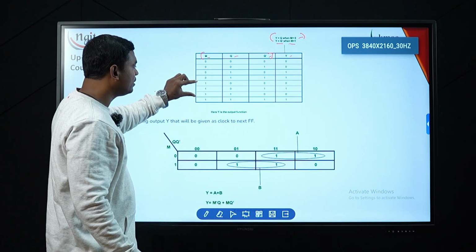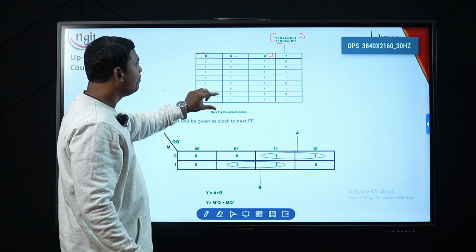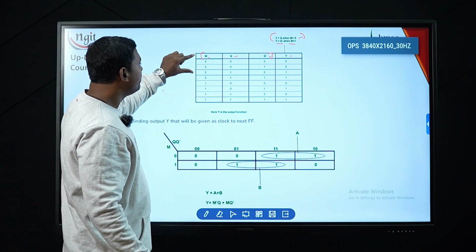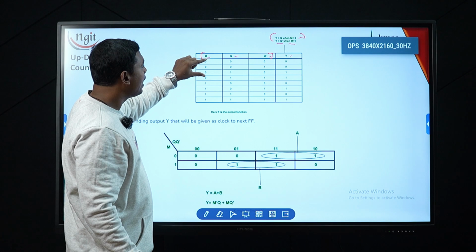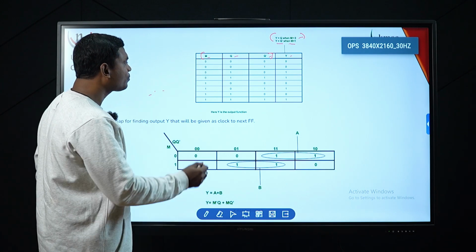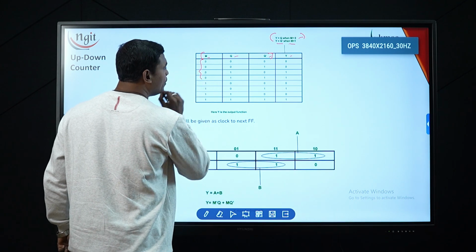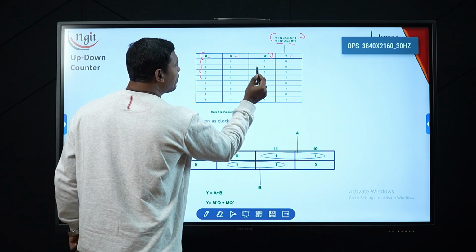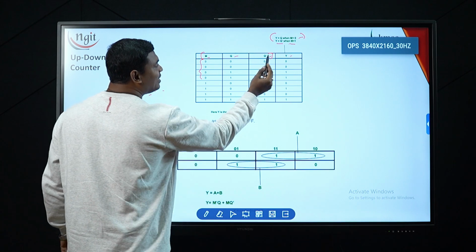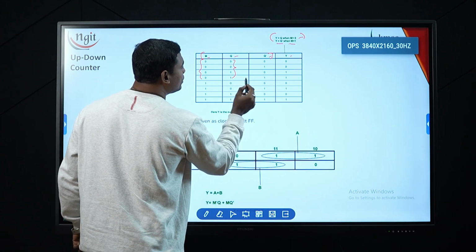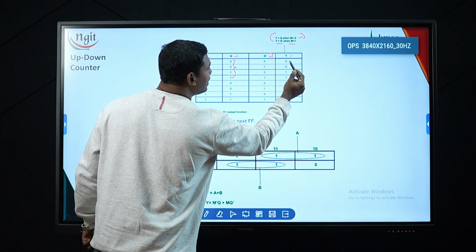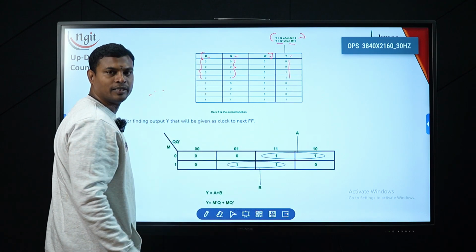So M is equal to 1, I am considering the Q bar value. M is equal to 0, I am considering Y is equal to Q. Means for these values M is equal to 0, and I am considering my output to be Y is equal to Q, that is 0 0 1 1. So that's the reason I am writing my values as 0 0 1 1 here.